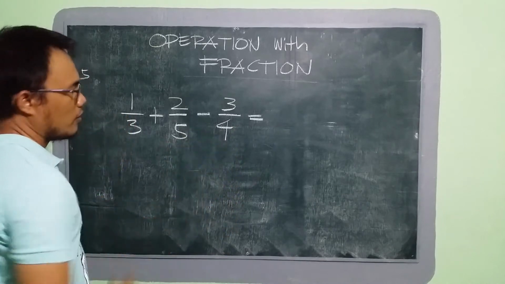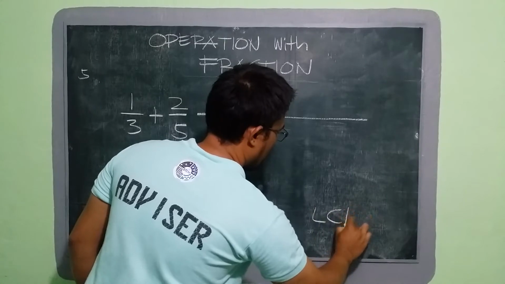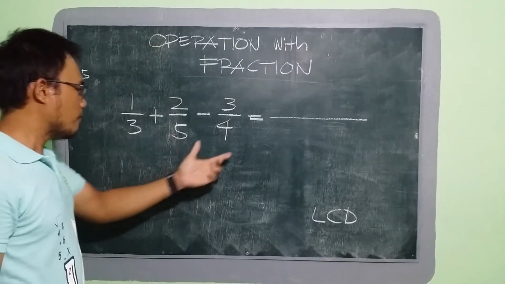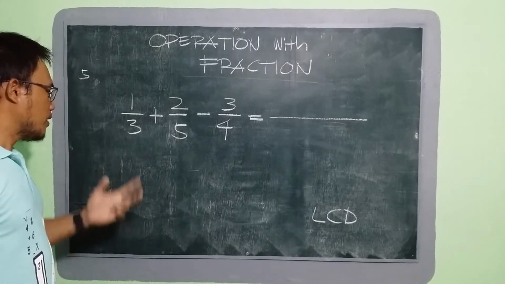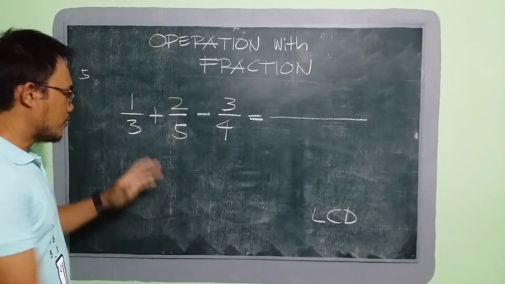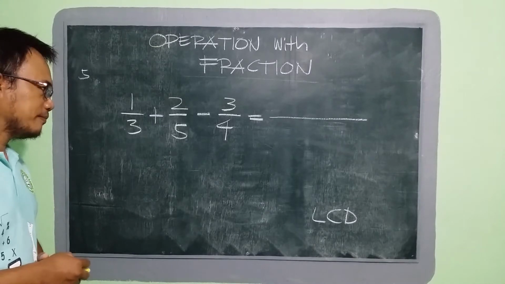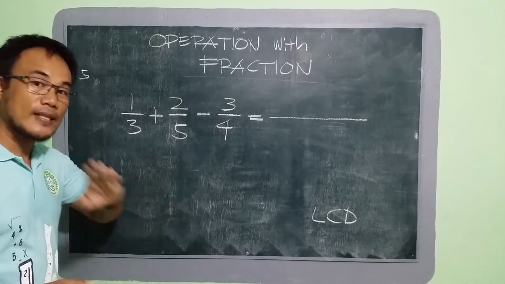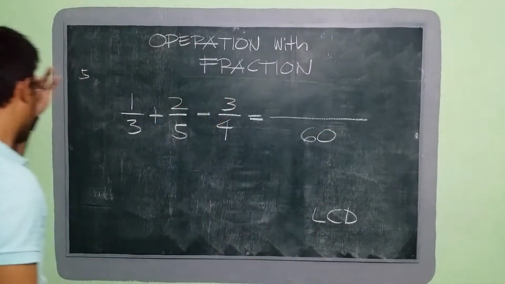Then we need to simplify this one. So you need to find your LCD once again. Think of a number that can be divided by 3, by 5, and by 4. So in this case, just multiply 3 times 5, 15 times 4, that is 60. So our LCD is 60.